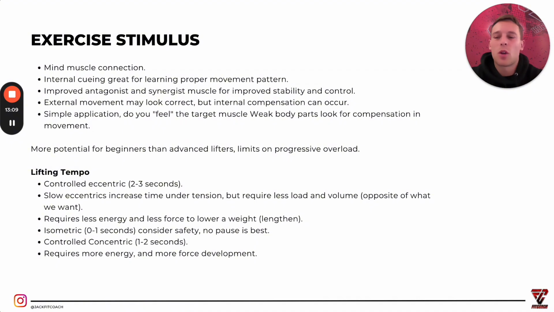So a simple application of this concept is to assess whether you actually feel the target muscle working during an exercise. Weaker body parts often compensate by recruiting other muscles, which can detract from the effectiveness of that exercise. However, looking at the mind-muscle connection again, it has more potential for beginners than advanced lifters. It can limit progressive overload, especially for seasoned lifters.